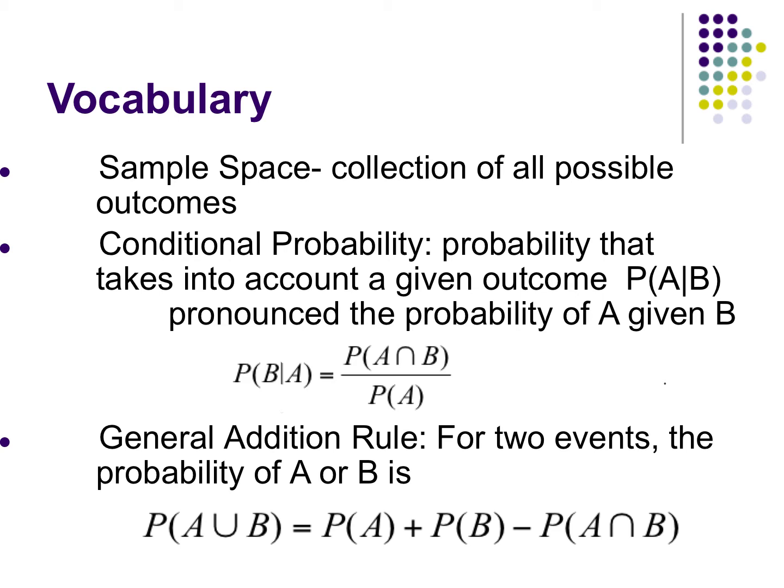What is the probability that you are 18, given that you're a senior? What's the probability that you're a junior, given that you're in AP Stats? It's all changing. It's where we're looking at a subset.